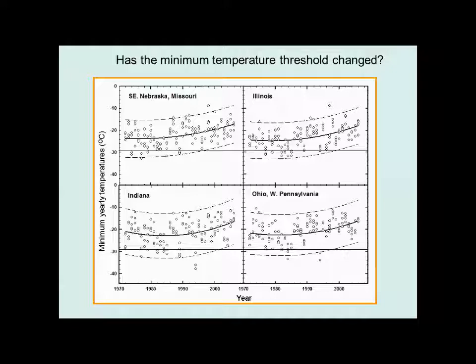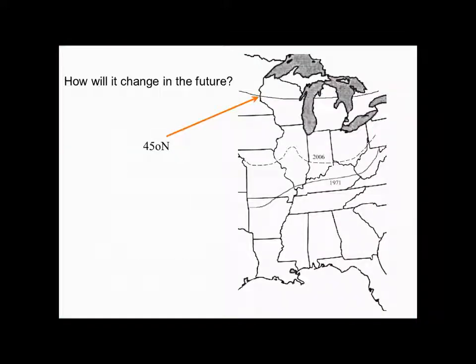As you can see, these temperatures have now risen for much of the Midwest to a winter temperature that is above that which will kill kudzu. And kudzu, as of 2006, this was now the northern line, this dashed line here. Doesn't mean this is all solid kudzu between here, but this shows that this is where kudzu is being reported.